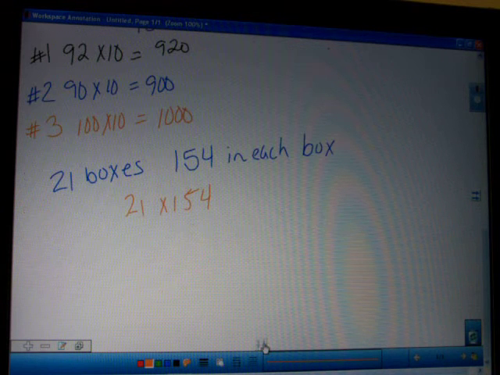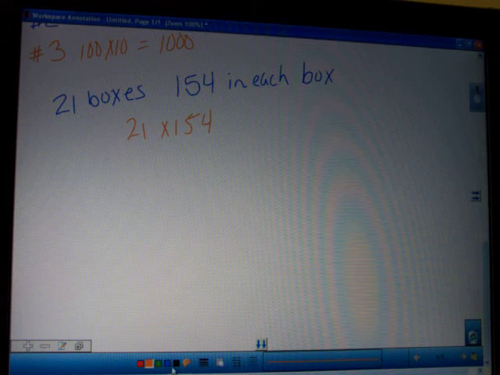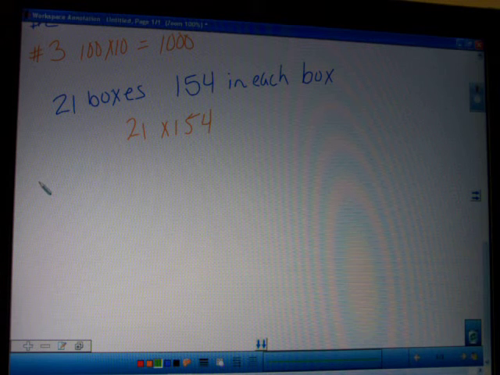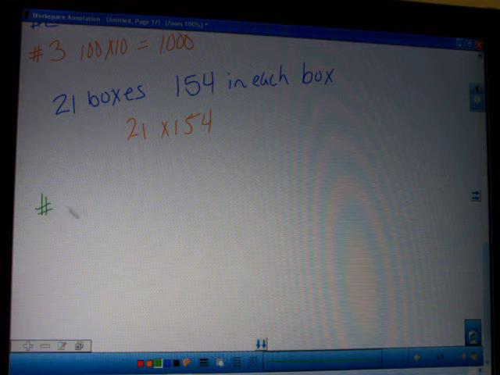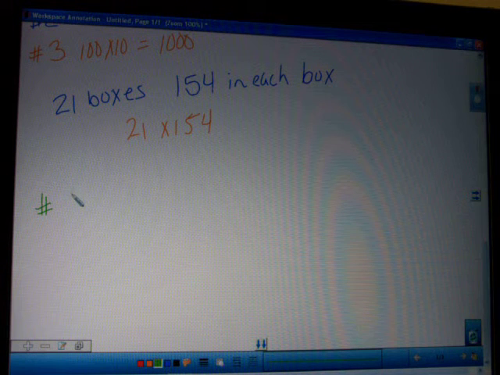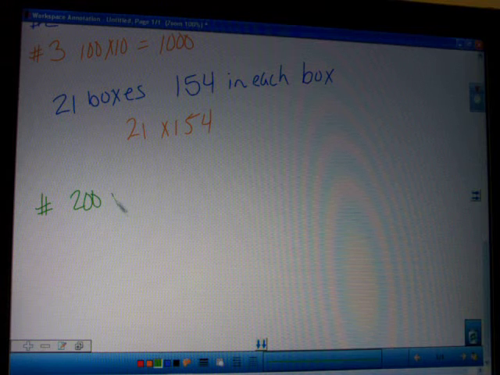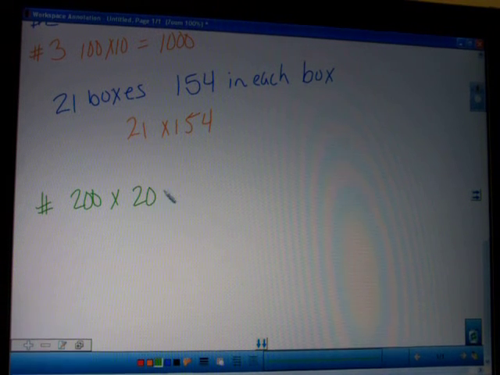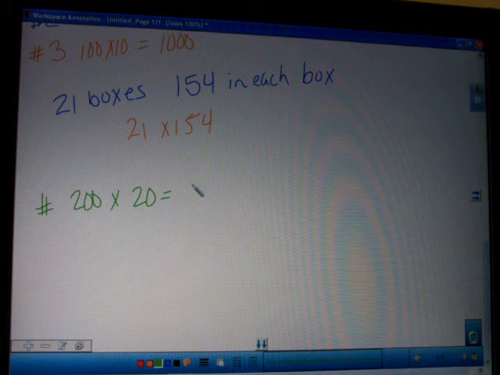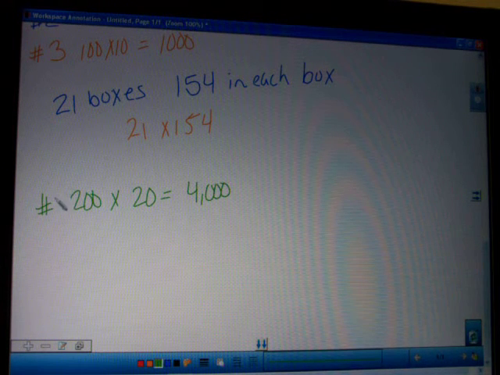Well, I don't know about you, but I can't even do that one in my head. So one way that we can solve is to round each factor by its greatest place. So we can take 154 and round that to 200. And we can take 21 and round that to 20, and that's something I can multiply in my head, and that gives me about 4,000. That's number one.